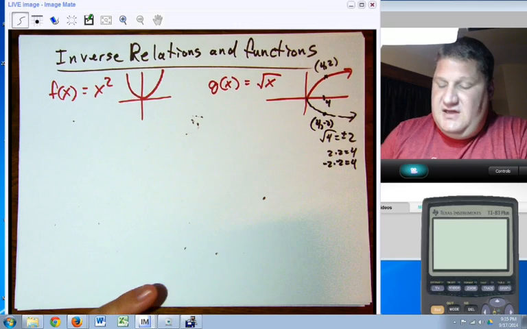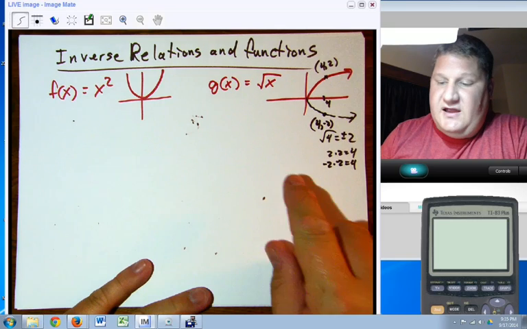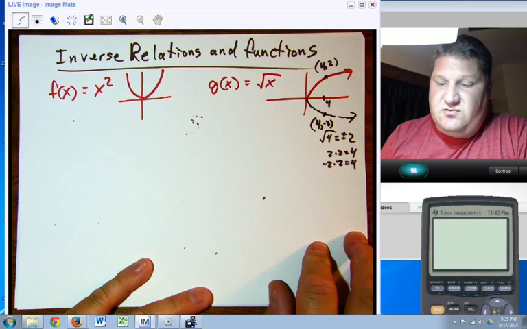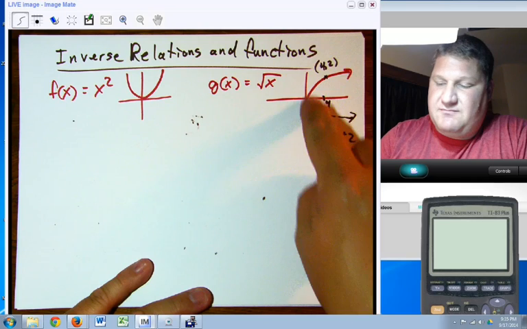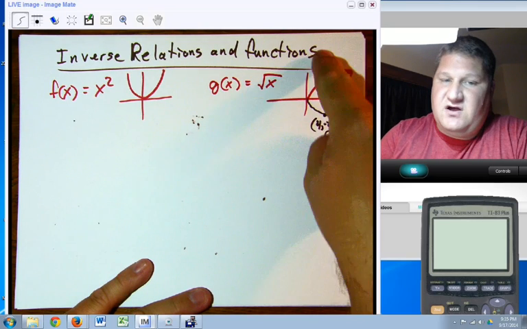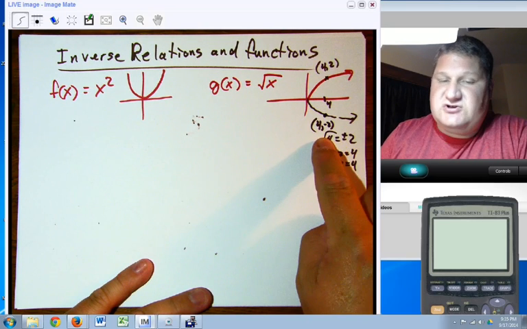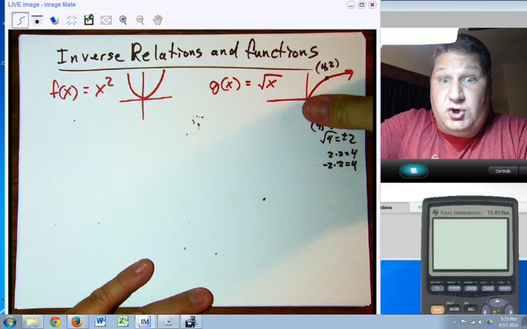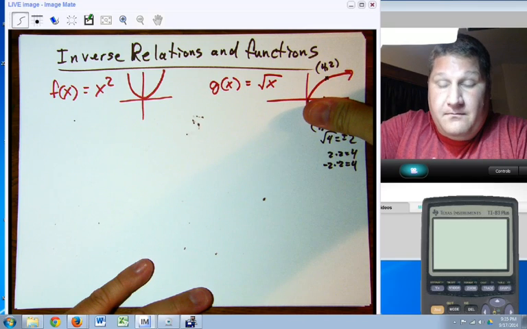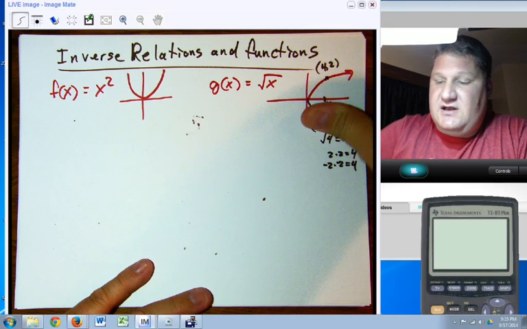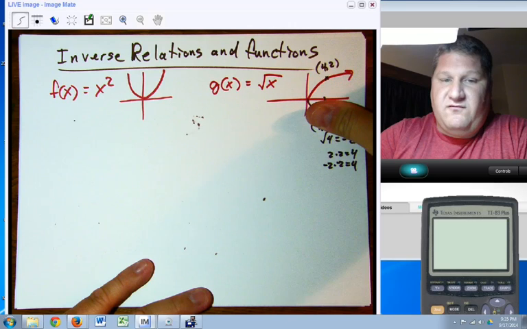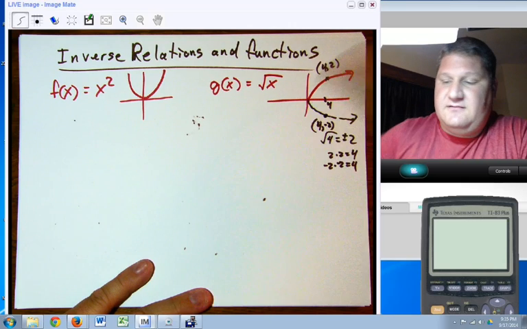But because math people don't like things that don't make sense with their rules, we said, ooh, that's a problem because that is not a function. If that's not a function, we're going to make it a function by ignoring the bottom. And by ignoring the bottom, we now have a nice, pretty square root function. But in reality, you do this.